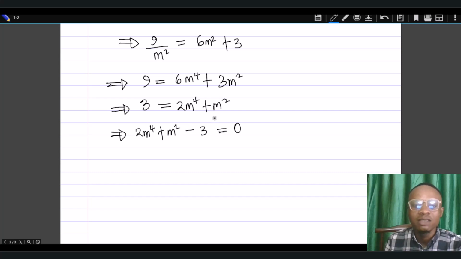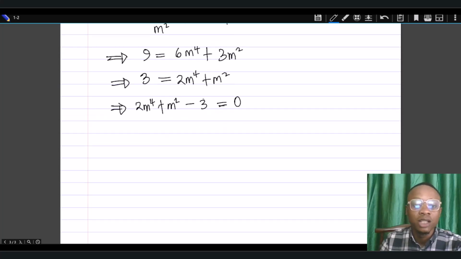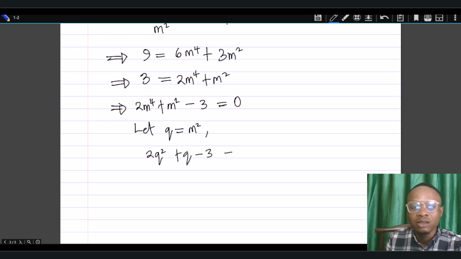As we have it here, this is now a quadratic equation. Let's use q to represent m squared, so that we now have 2q squared, because the square of q will be m to power 4, which is what we have here. So this will be plus q minus 3 equals 0.